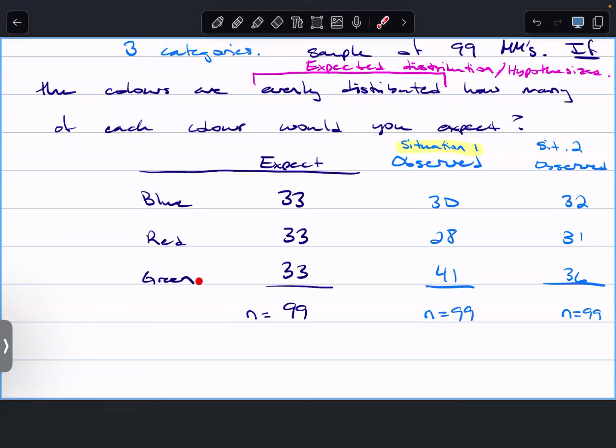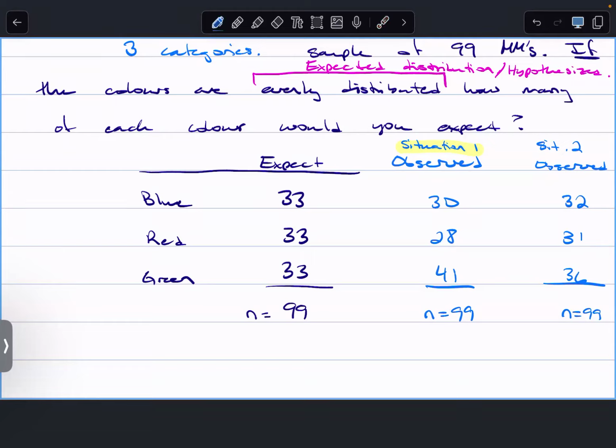Maybe greens are more likely to happen. All we'll be able to say is that it's not an even distribution if we reject H0. Whereas here, these values seem to be just kind of hovering around what we would expect. And so I suspect that I wouldn't reject H0 in that scenario.